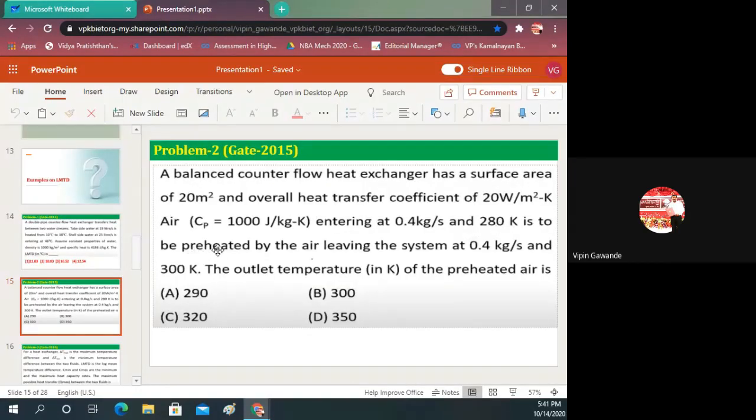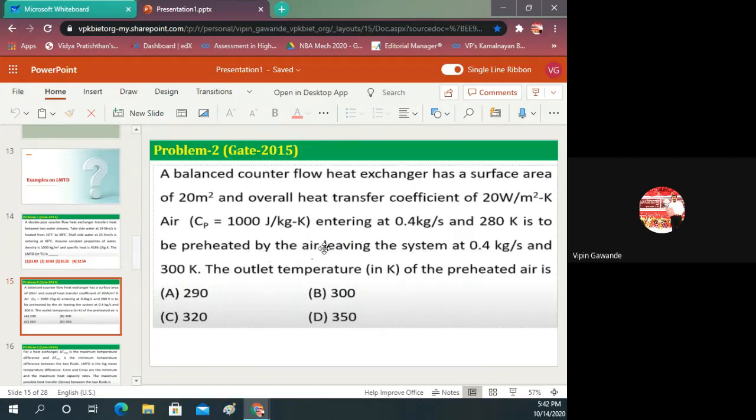Next is to be preheated. So how will you decide? That is the air we are preheating. That is the first fluid, the cold fluid, and that initial air is preheated by another air leaving the system at 0.4 kg per second. This 0.4 denotes the mass flow rate of the other fluid, which is hot now, because it is at higher temperature.